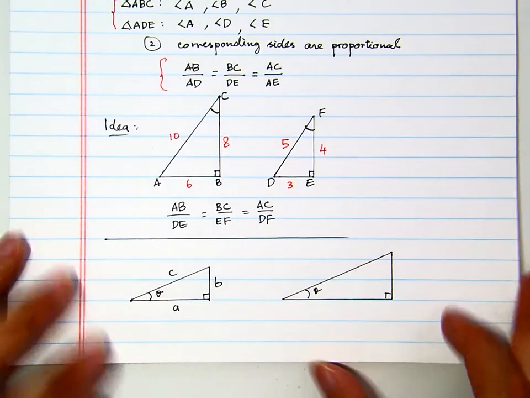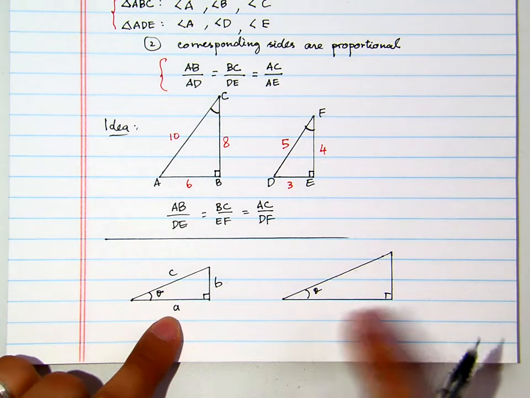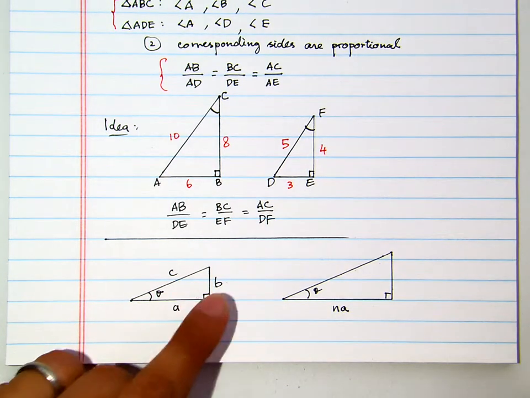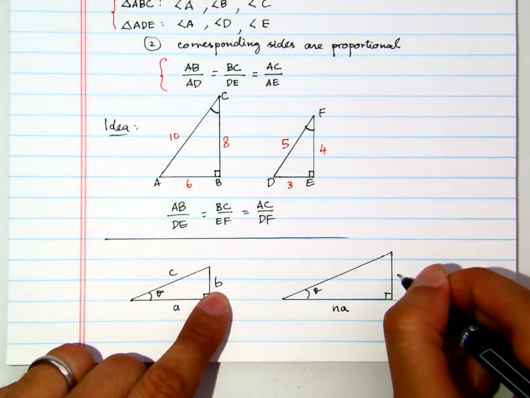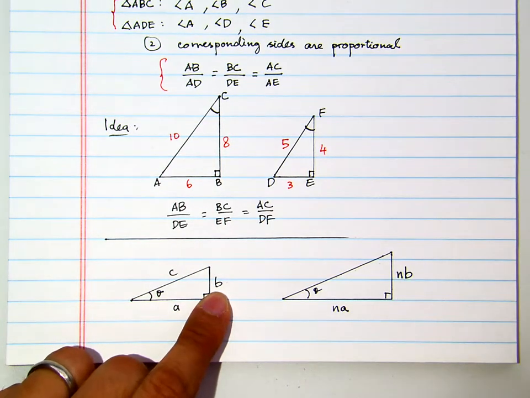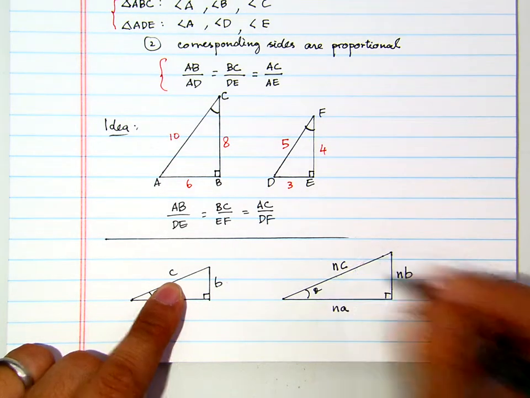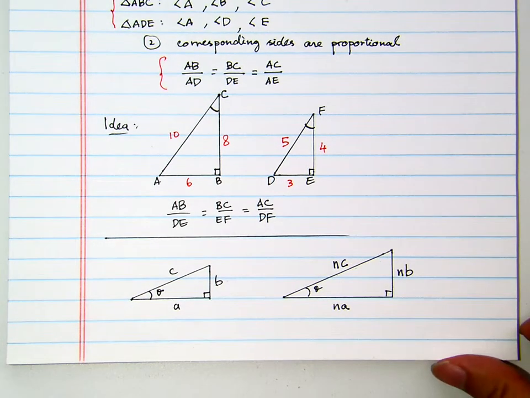In other words, if A is multiplied by N, then B will be multiplied by N also, and C multiplied by N also. The ratio has to be the same.